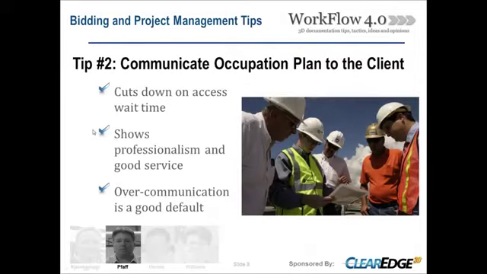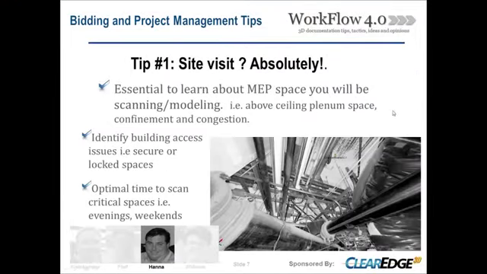Hi, Kevin. Tip number 1 might seem obvious, but trying to get a site visit is absolutely essential. In particular with MEP existing conditions, up in the ceiling plenum space, that's where all these pipes and some ancillary equipment are residing.